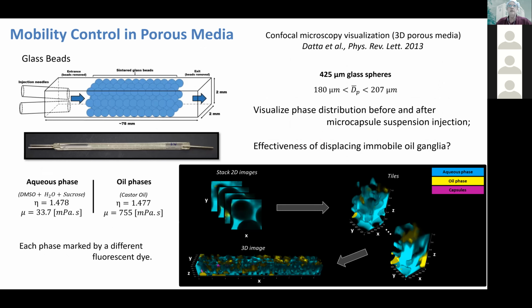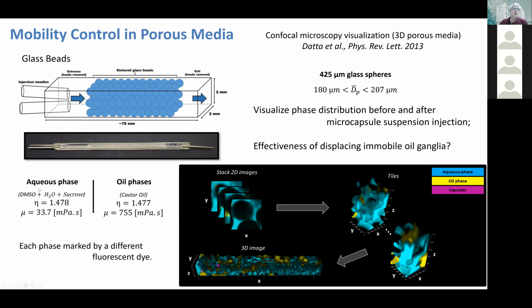So the last part of this story is to try to see if these capsules actually displace oil. Okay, so we did that by looking at three-dimensional porous media using confocal microscopy to do this visualization, following the pioneering work of our next speaker some time ago, where he used confocal microscopes to visualize three-dimensional porous media flow.